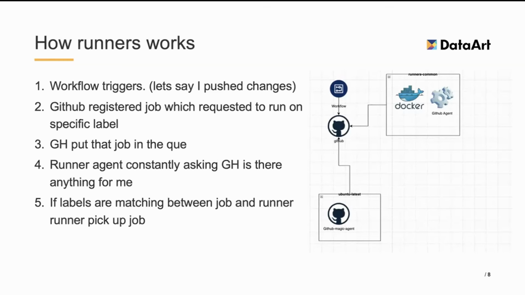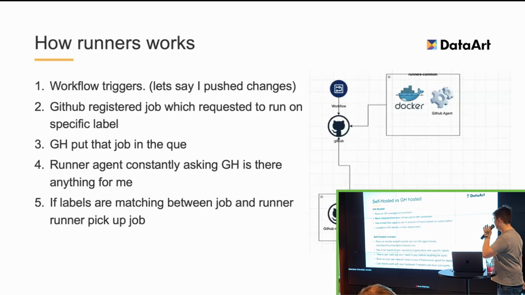The runner constantly polls labels for those actions. If a job is created with specific labels that a self-hosted runner or GitHub runner matches, it immediately picks it up and starts to work, first in, first out. So that's the flow here.